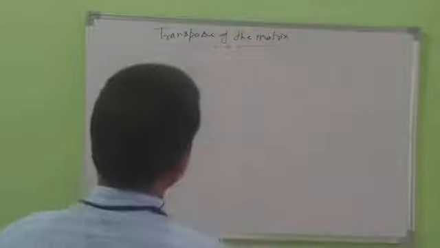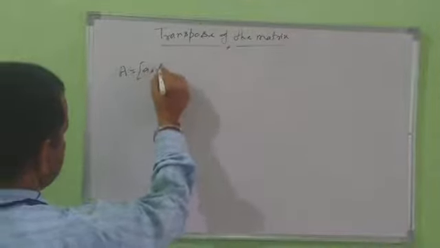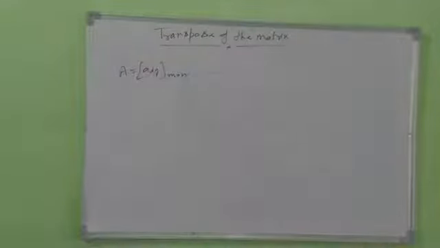Transpose of the matrix. Suppose a matrix A equal to [aij], of order m into n.